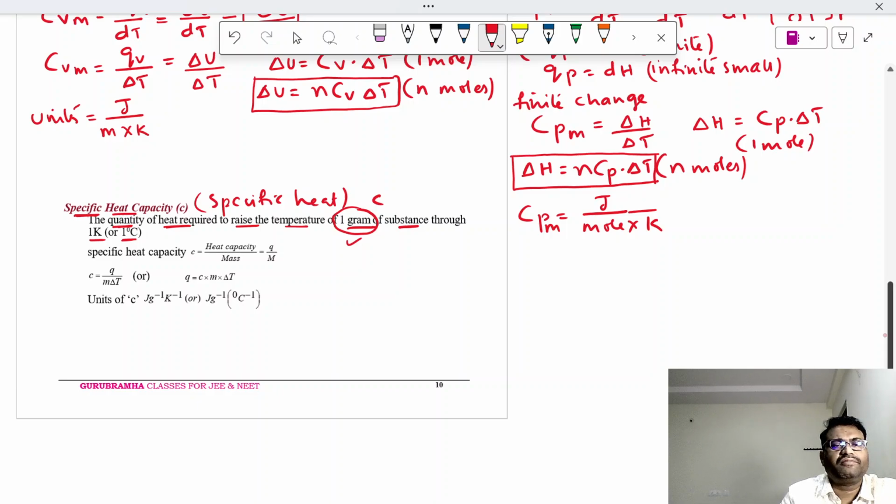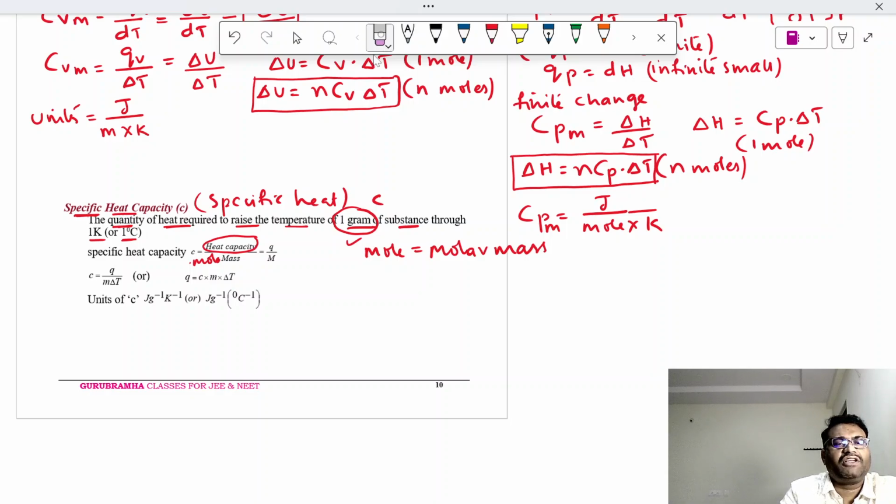And we know that 1 mole is equal to the molar mass of a substance. In 1 mole there will be 1 molar mass, or gram molecular weight, of a substance. So this is molar heat capacity, calculated for 1 mole of the substance. If you want to know for 1 gram, then you have to divide by the molar mass.